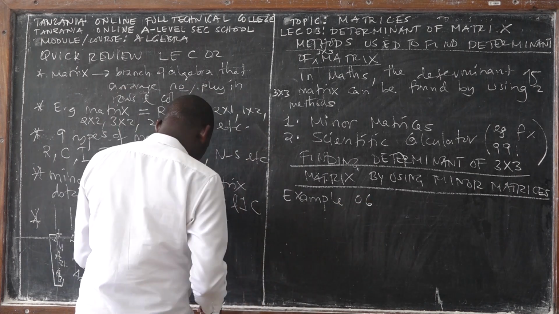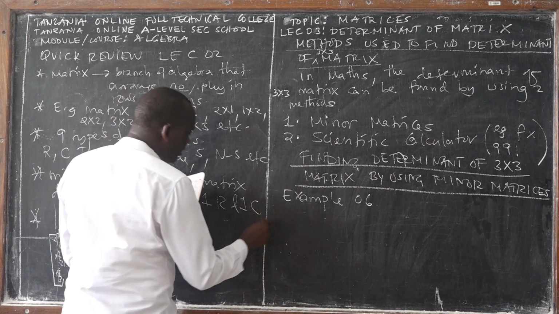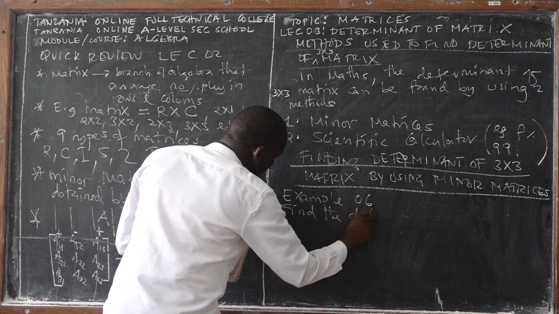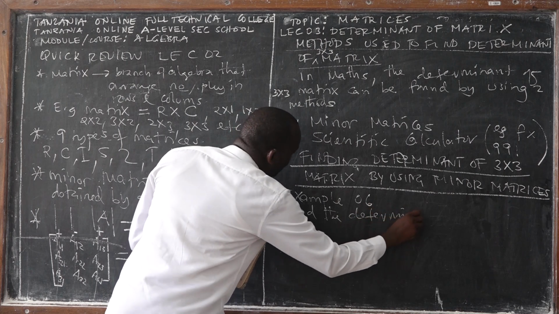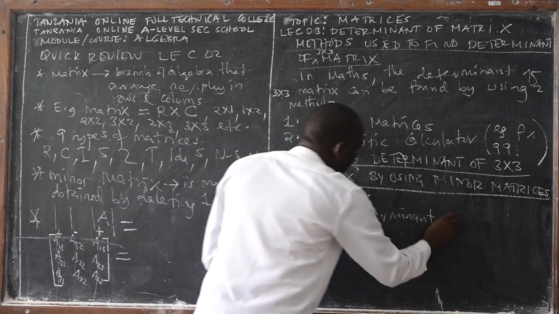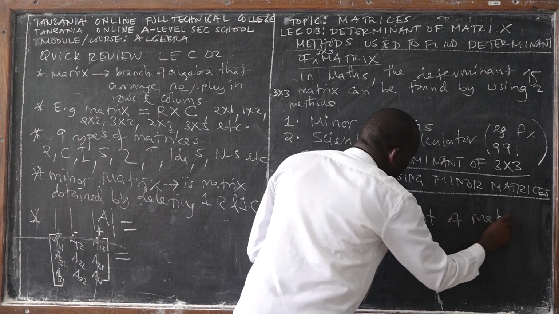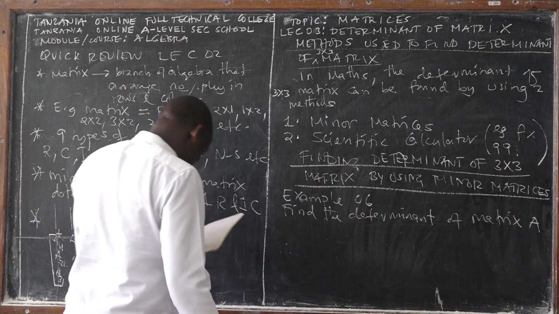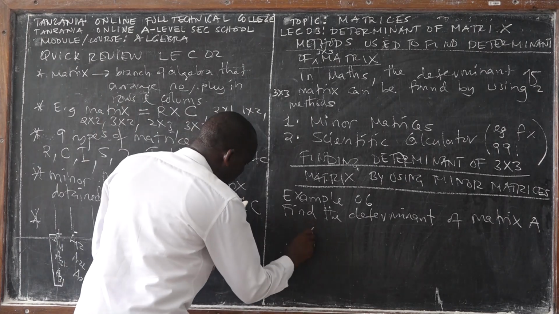Example 6: find the determinant of matrix A. This is the simplest. The elements of matrix A are the following.